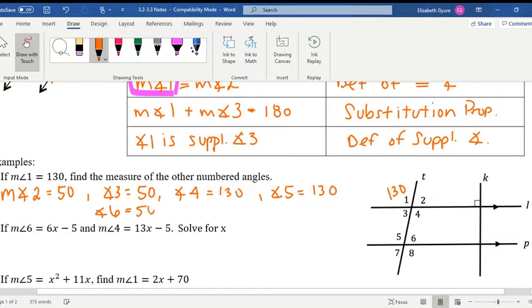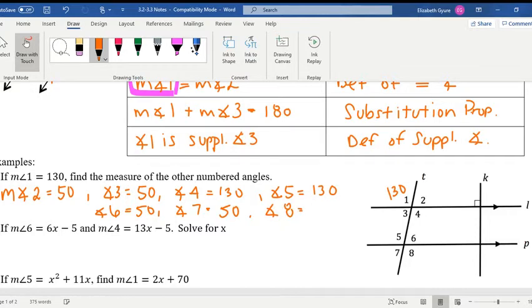That is 50. Angle 7. Brock S, what did you say? 50, absolutely. And then last one. Caleb B, what did you say for angle 8?